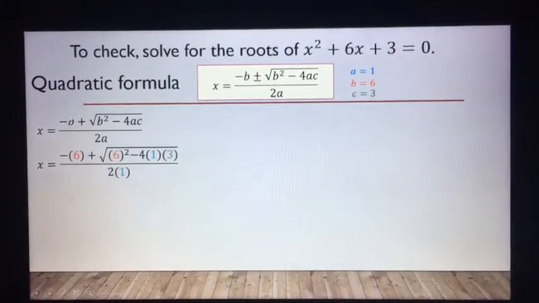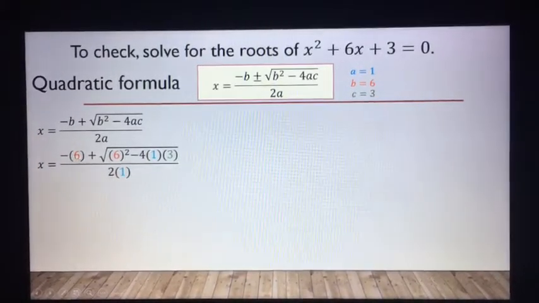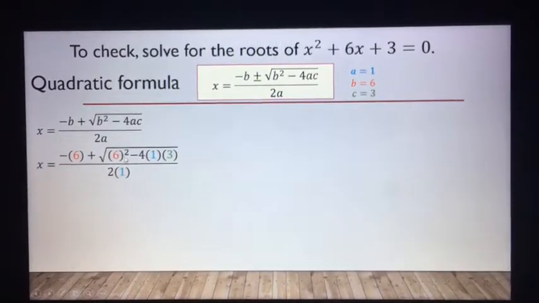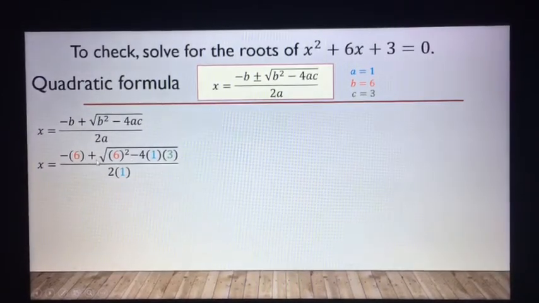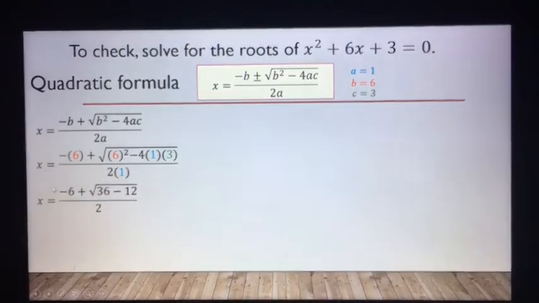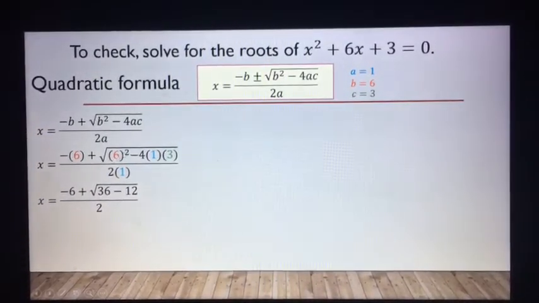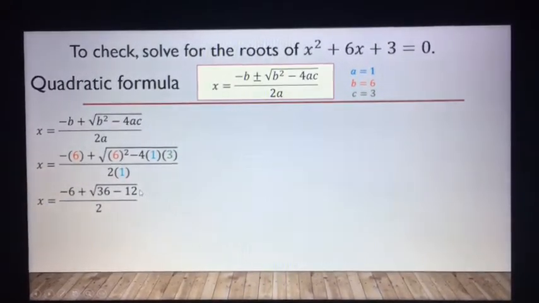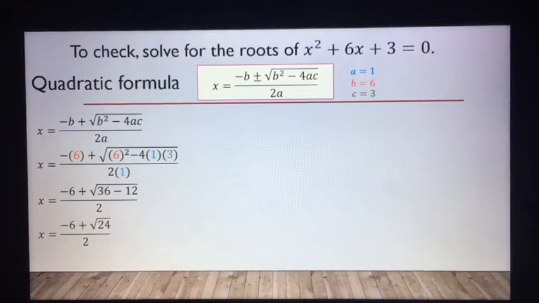We have negative 6 plus square root of 6 squared minus 4 times 1 times 3, divided by 2 times 1. That is equal to negative 6 plus square root of 36 minus 12, over 2. So, kinuha lang natin ito, 36 minus 12 is 24. So, that is square root of 24 over 2.